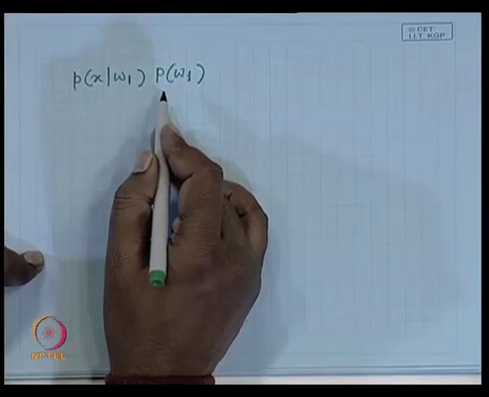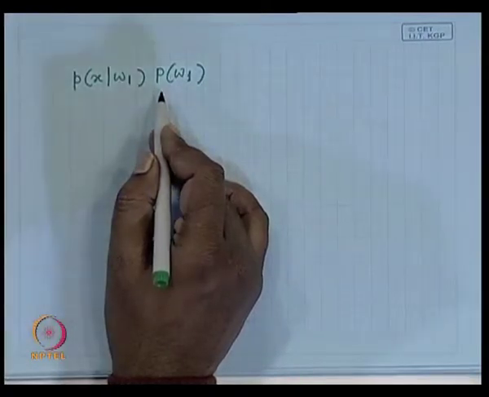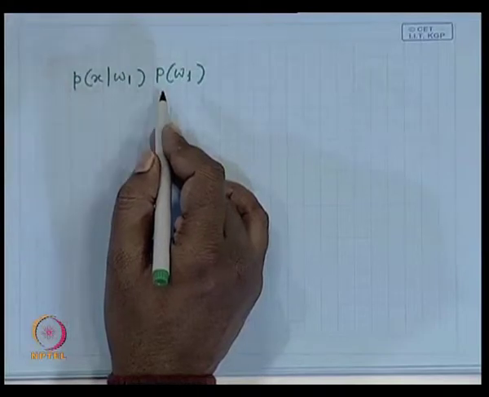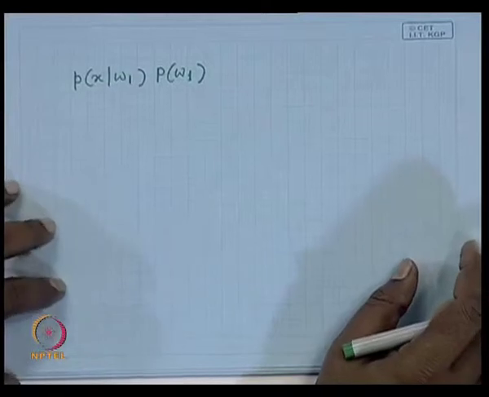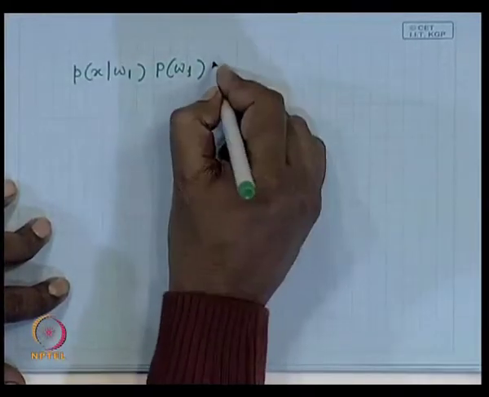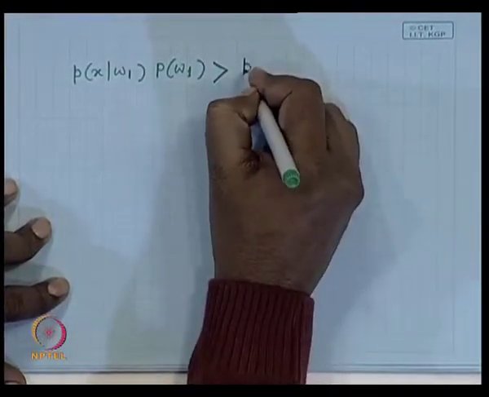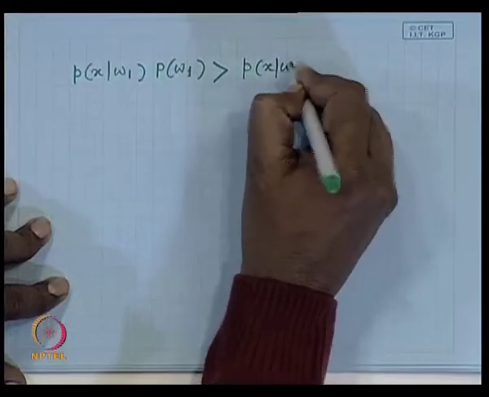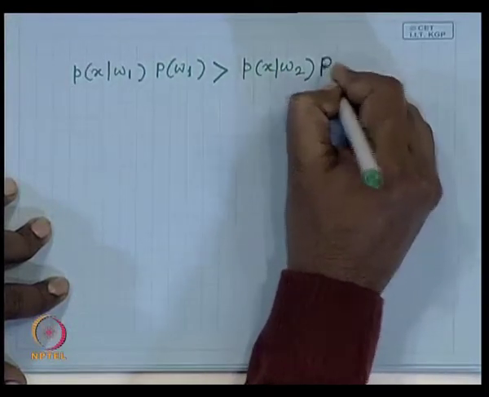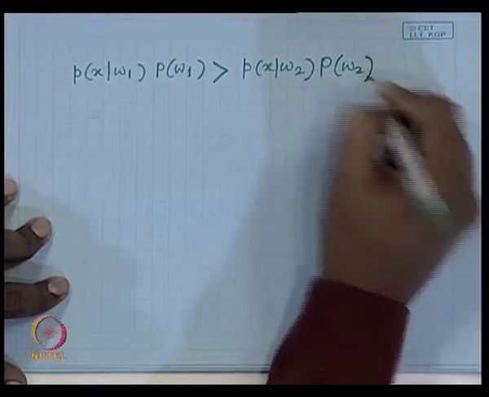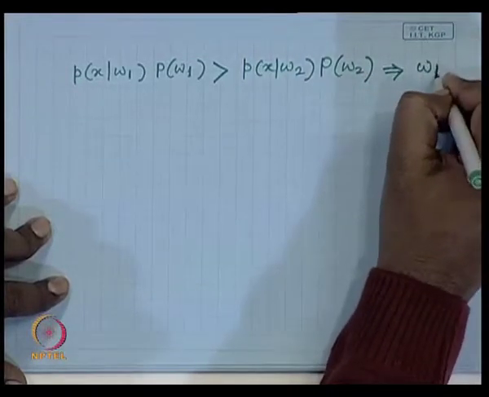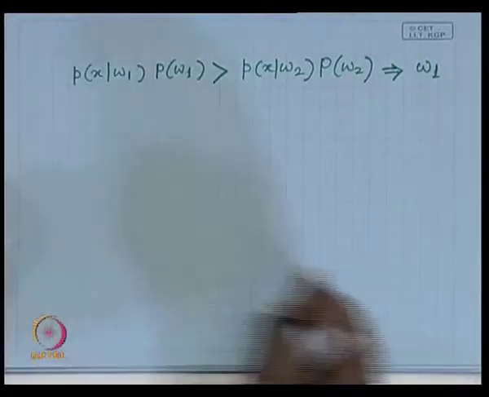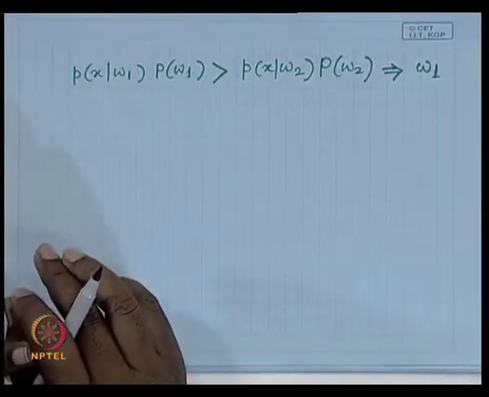I am not taking into consideration P of x, because that appears in the denominator for both classes omega 1 and omega 2. So, if this is greater than P of x given omega 2 into P of omega 2, okay, then I take the decision in favor of class omega 1. That means, I say that this object belongs to class omega 1, right.